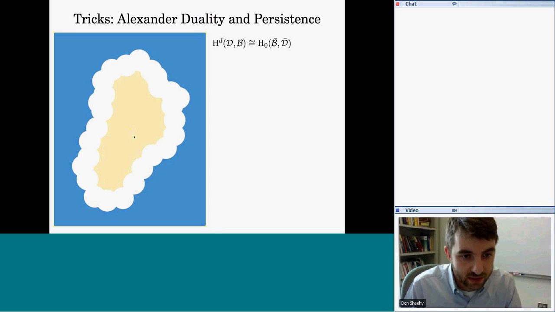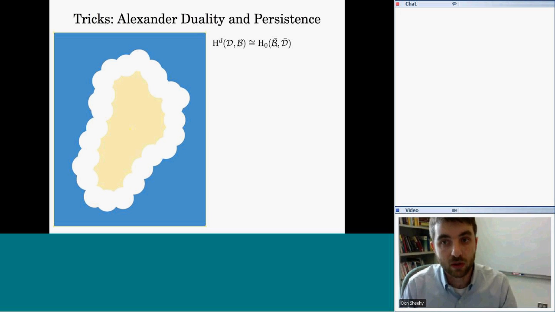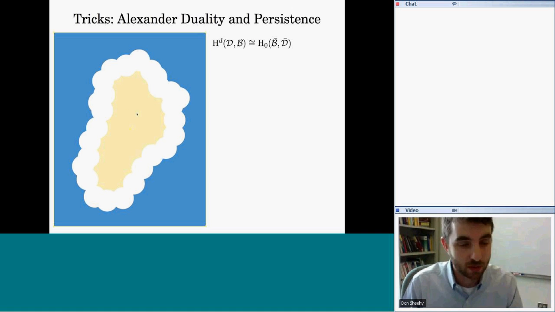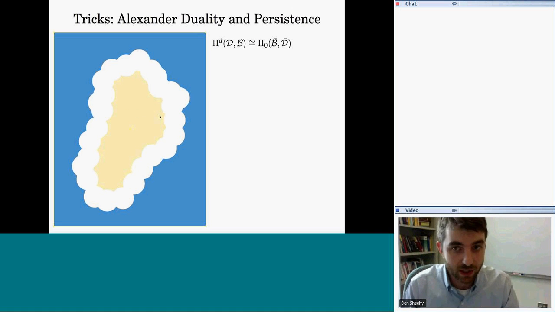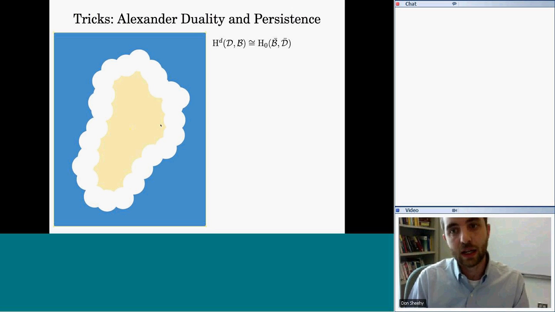The tan and blue regions are both the complement of B. Then the zero-dimensional homology of D bar is just about the D-dimensional cohomology of D comma B. This is really useful because it means we can take statements about D-dimensional homology or cohomology and just talk about zero-dimensional homology. In particular, we can make simple arguments about connectivity.